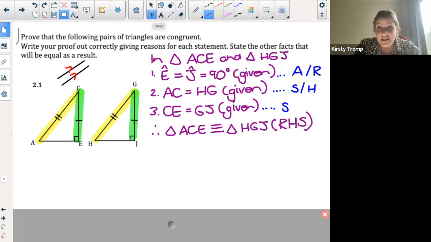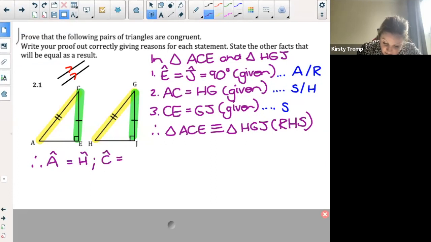Let's finish it off, because now they've said to me, also write what else is going to be equal. So we're going to say, therefore, what else do we know is going to be equal? Angle A is going to be equal to angle H. Angle C is going to be equal to angle G. Okay, so we know that. Why do we know that? Because the two triangles are congruent.